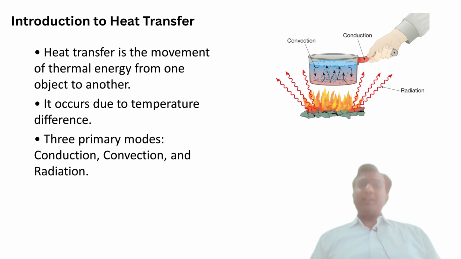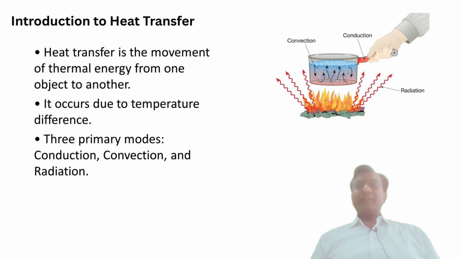There are three main ways heat is transferred. The first is conduction, second is convection, and third is radiation. Conduction happens when heat travels through a solid material, like a metal spoon heating up in a hot pot.